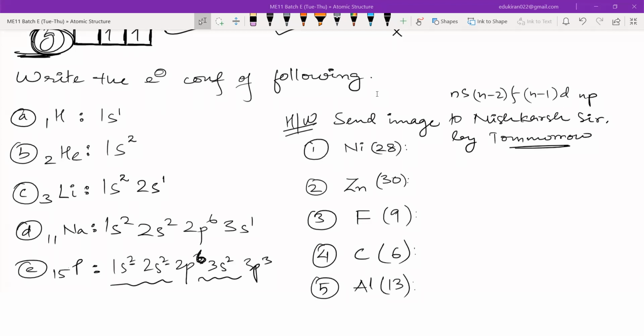The first 4 chapters of class 11: some basic concepts, atomic structure, periodicity, then chemical bonding. These chapters are so crucial that if you are weak in any one of those, that will haunt you in later chapters. If your basic concepts are weak, it will haunt you in states of matter, chemical equilibrium, thermodynamics. Then in class 12, solid state, solution, electrochemistry, chemical kinetics.